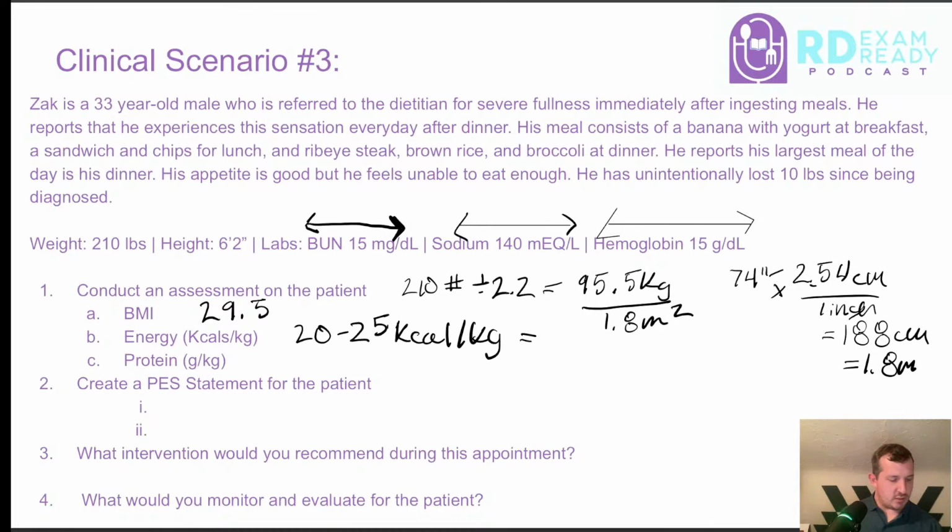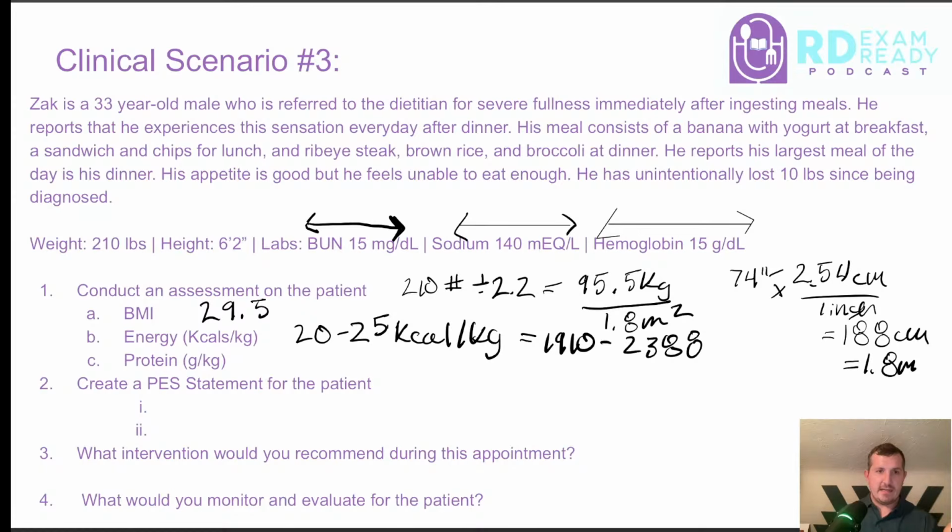So that would get him to about 1910 to 2387, which feels like a pretty good range for someone who doesn't have inflammation there. Yeah. Good. Good.